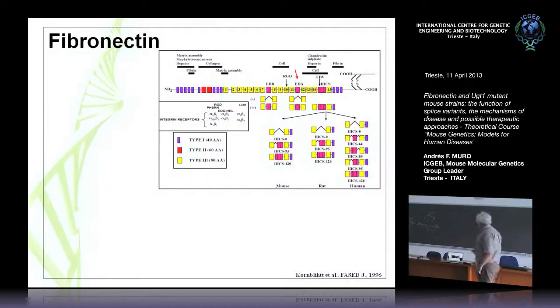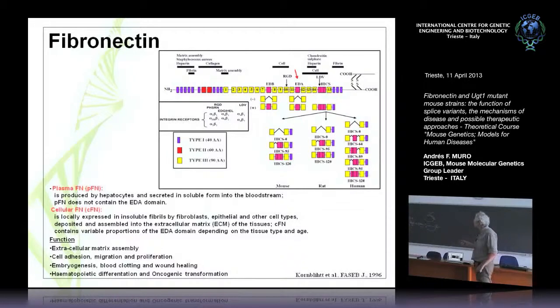Fibronectin is a very important protein. If you knock out the gene, you have embryonic lethality. There are two forms. One is in plasma, and one is present in the extracellular matrix of tissues. This is a very large protein, about 220–250 kilodaltons, and it undergoes alternative splicing at 3 different sites.